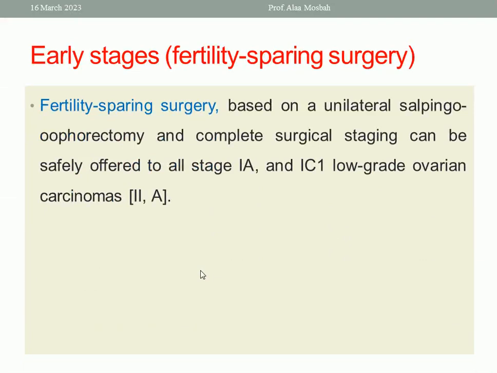What about fertility sparing surgery in early stages of ovarian cancer? Fertility sparing surgery based on unilateral salpingo-oophorectomy and the complete surgical staging can be safely offered to which stages?